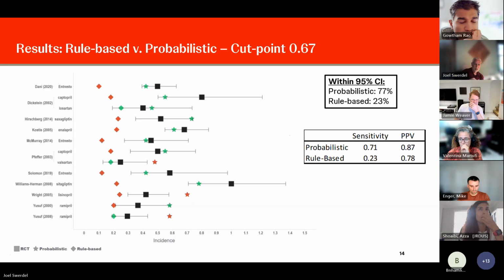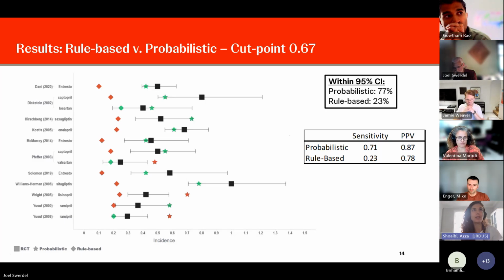Aza, you have a question? I have a few reactions. First, one interpretation of this could be that the actual incidence is truly less than what the clinical trials are reporting, given that you're looking at a clinical trial population versus everybody in the database who's been exposed to a drug, who are generally less sick, so the incidence of an outcome like this could be truly less than that reported.